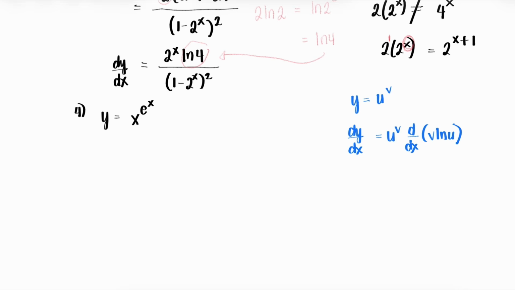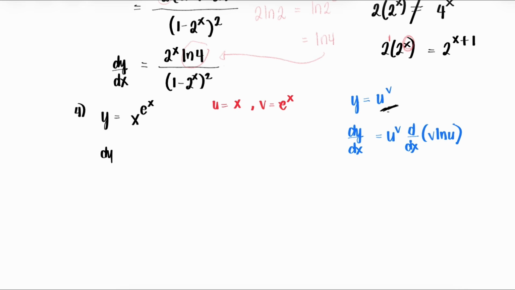So in our case here, the given y equals x to the power of e to the power of x, our u is x, and v here is equal to e to the power of x. And so applying the formula for logarithmic differentiation, remember that if you forget this formula, you can just follow the three steps, wherein you take the natural log of both sides and then simplify using the laws of logarithm, and then eventually find dy dx.